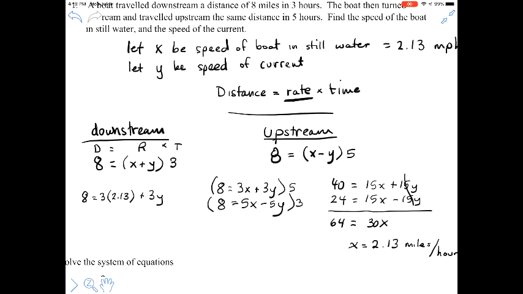So what do we need? 3 times 2.13. Let's see. 6.39. Yeah, so 8 equals 6.39 plus 3y. Subtract on both sides.